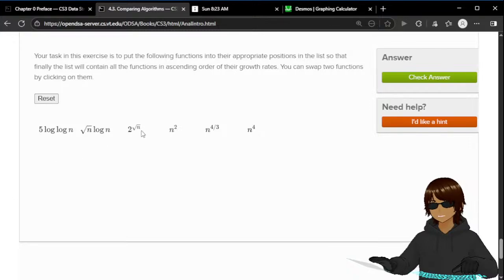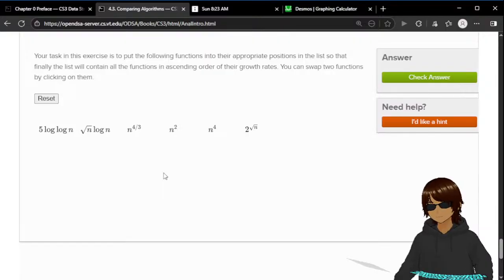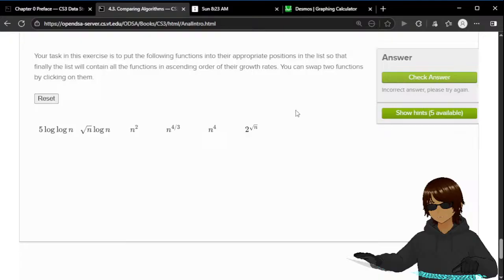Like this part will eventually grow bigger. Let's check.